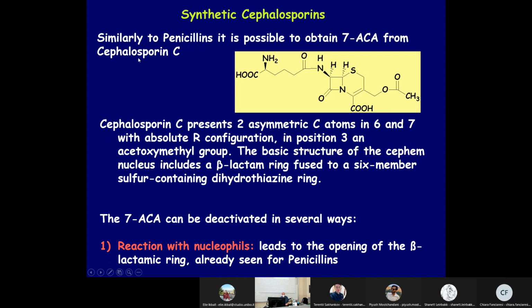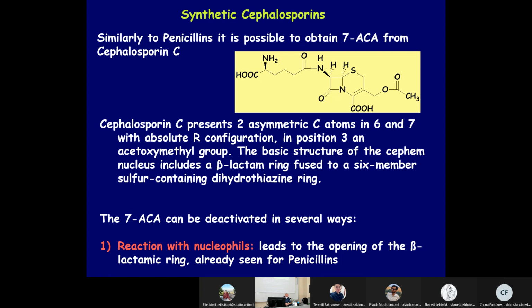This is the cephalosporin C. It was the first discovered cephalosporin, and you can see the configuration of the chiral carbon atoms in position 6 and 7. The configuration is the same as penicillin. It's just different in the number because we have a 6-member ring. The configuration is the same.